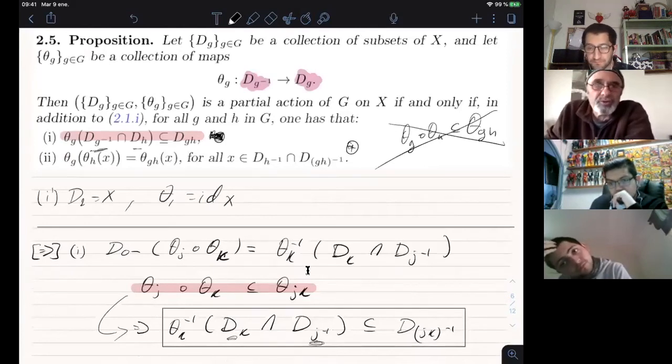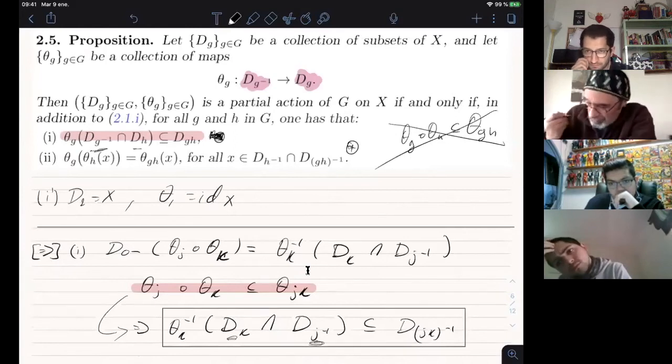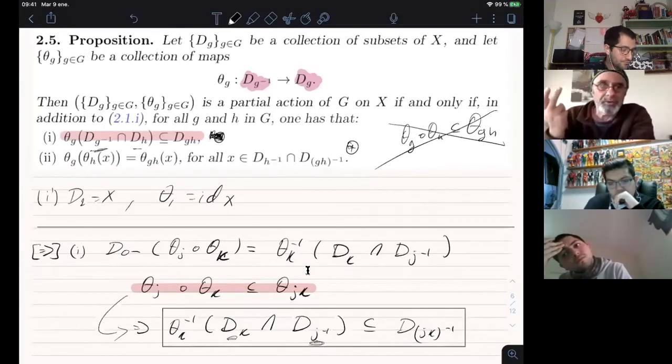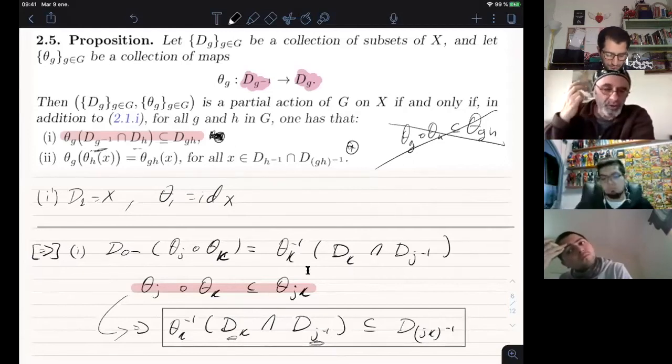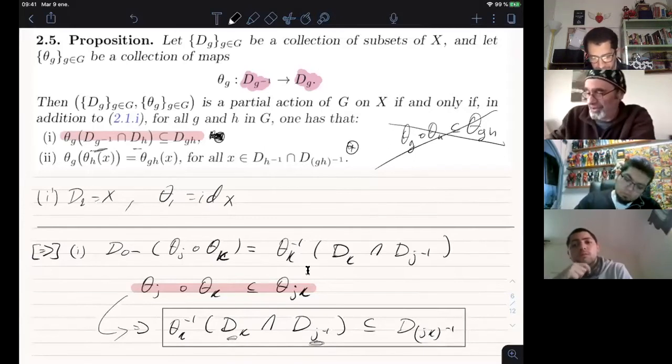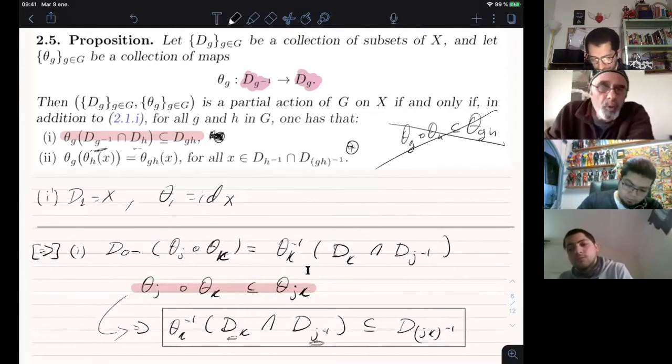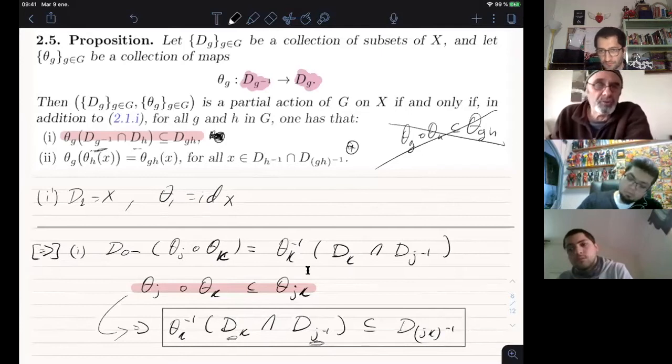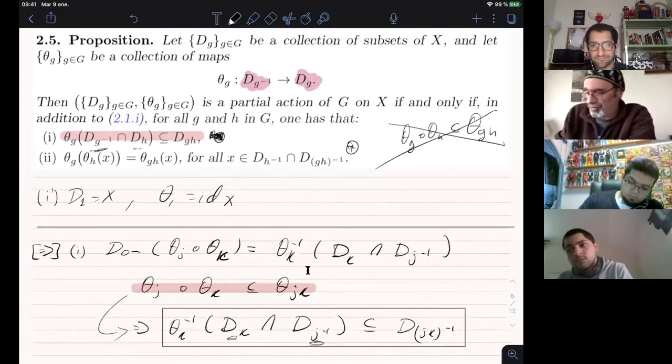It was easier to write, just an inclusion of mappings. But when you have to check it in practice, you have to recall what the domain of the composition is, write it explicitly and make the comparison. So this version you gave us in terms of the points 1 and 2 is more direct, even though it is not easier to remember than the definition. You know that this is what you have to check. You have domains, you have to know them in advance, and that's all.